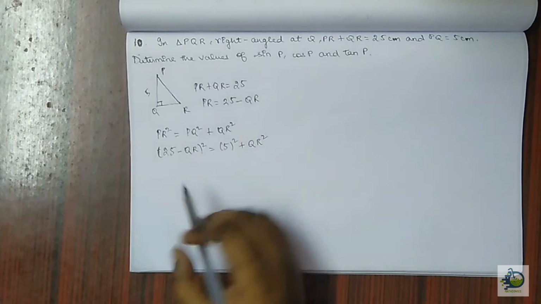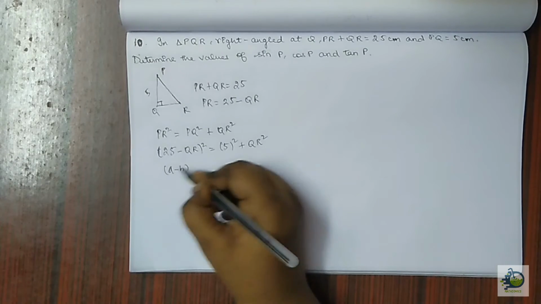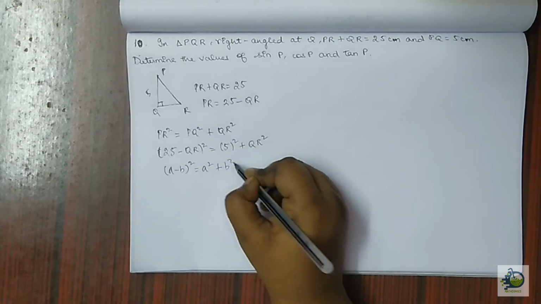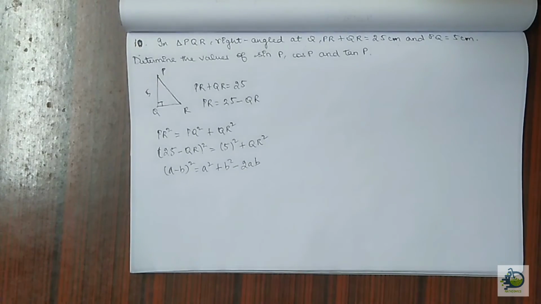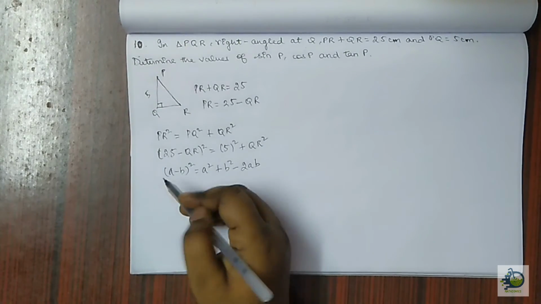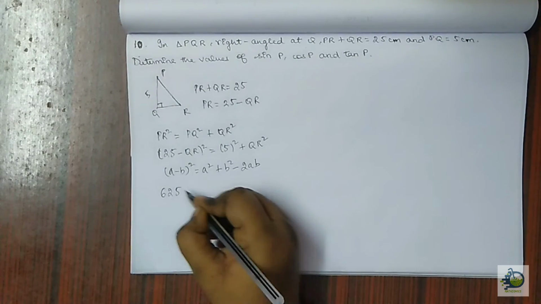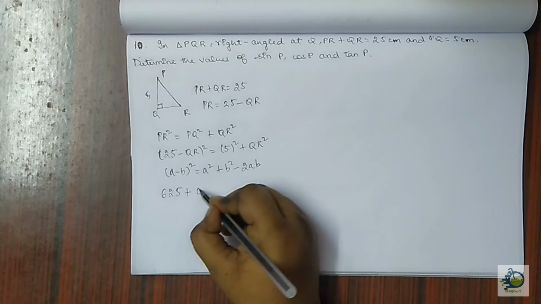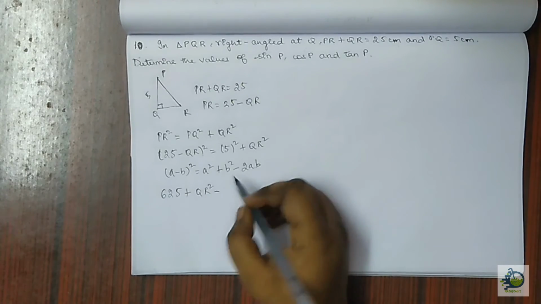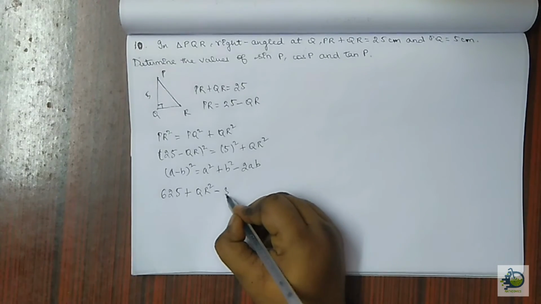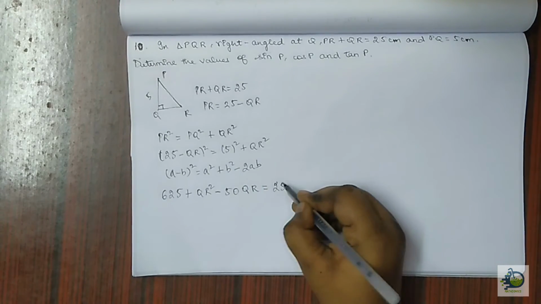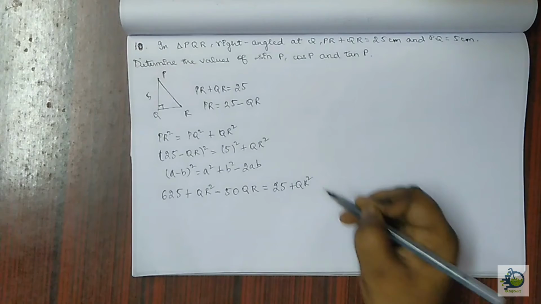So, 25 minus QR the whole square is equal to PQ square, which is 5 square, plus QR square. Now, this is according to the identity A minus B the whole square. The expansion of this identity is A square plus B square minus 2AB. By substituting that, we get 25 square, which is 625, plus QR square minus 2 into 25 is 50 into QR, so 50 QR, which is equal to 5 square is 25 plus QR square.